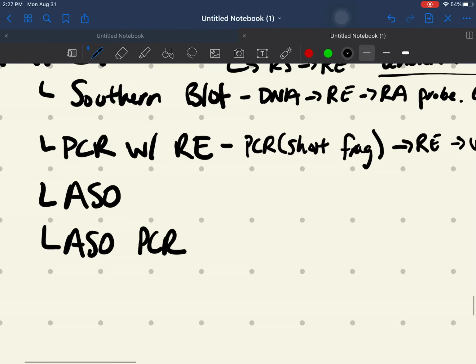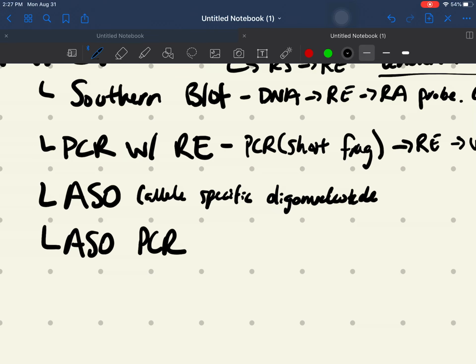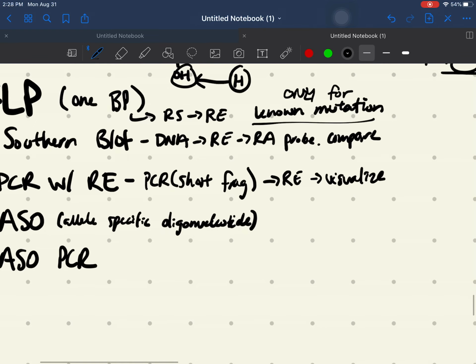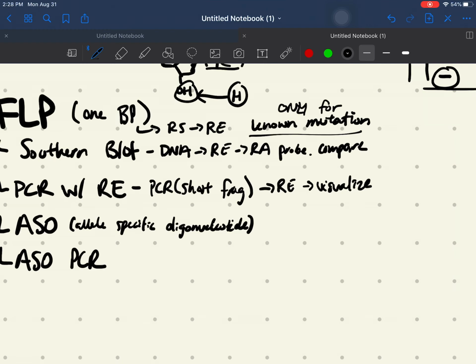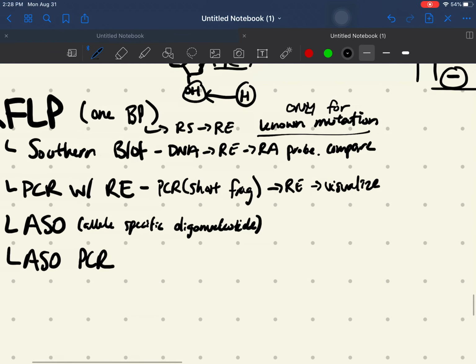Okay, and so moving on, ASO is going to be your allele-specific oligonucleotide. So that sounds really complex for something that makes a little bit more sense, because for this, it's going to be a common mutation. So if you know that, for example, maybe a CTG resulting from a CAG is going to result in maybe a disease, like, if we're just going to talk about cystic fibrosis, for example.